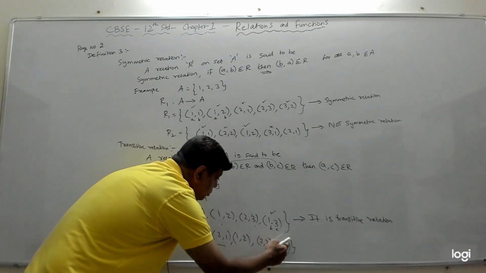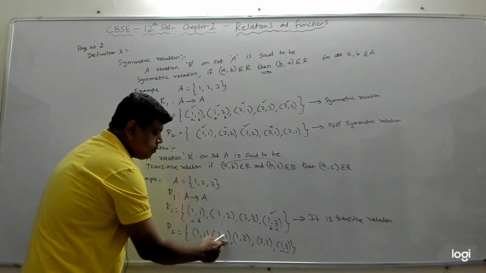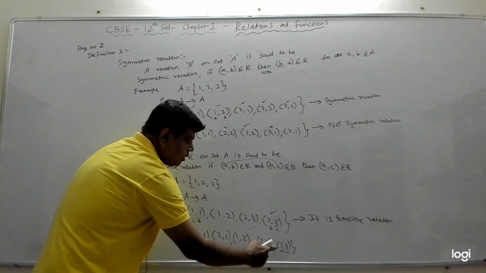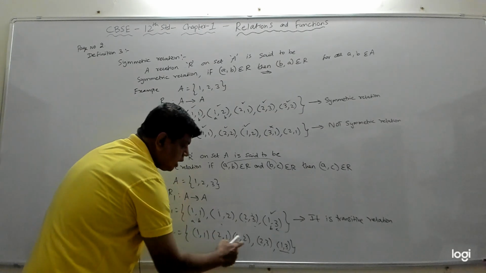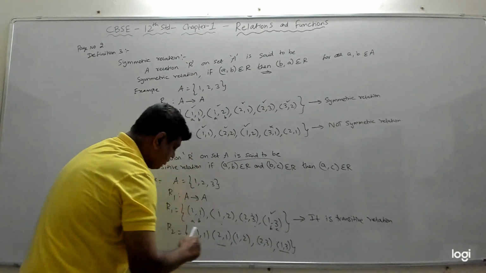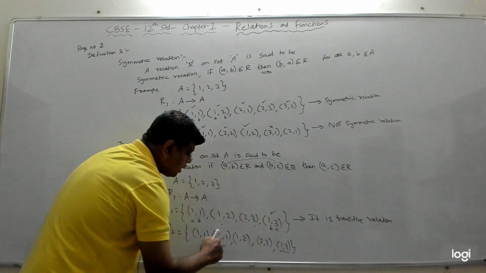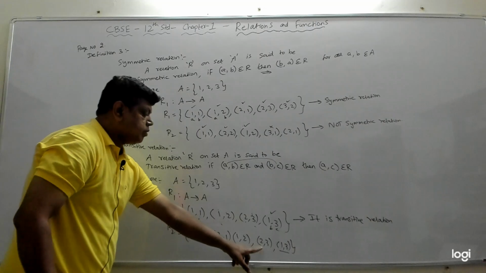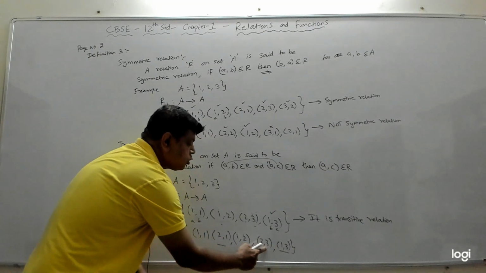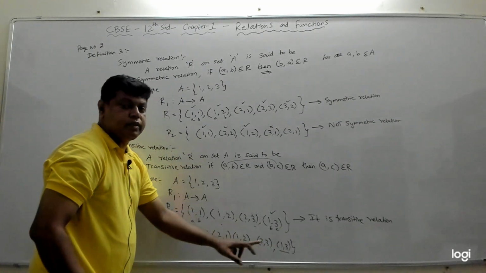Therefore 2 comma 3 should be there. This is A comma B, A is 2, B is 1. Here B is 1, C is 3. So A comma B and B comma C are both in this set R2. Then A comma C should be there. What is A comma C? 2 comma 3. Is 2 comma 3 there? Yes, it is there in R2.